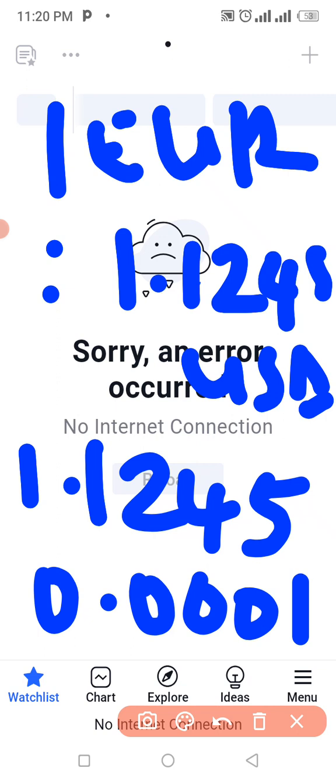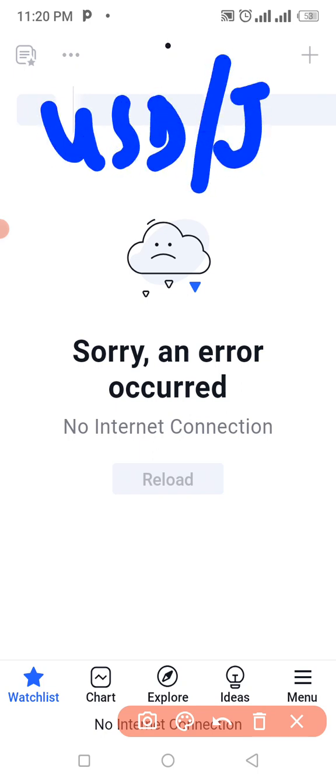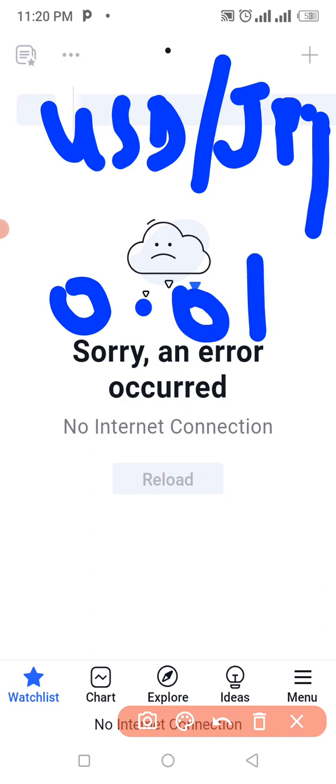For a currency pair that is paired with USD, we multiply the pips by 0.0001. But if it is paired with Japanese yen, let's say USD/JPY, we multiply by 0.01 to get our pips. Likewise with gold, because it is in 2 decimal places.